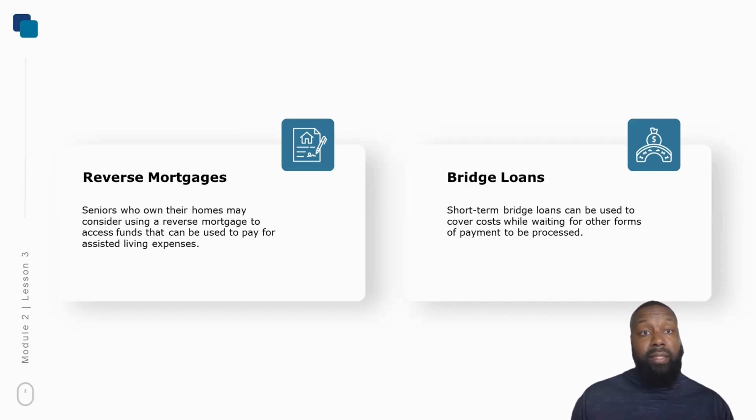So banks and mortgage lenders that service reverse mortgages should be one of your contacts in your Rolodex, to have partnership agreements with your facility, because you can get paid for a referral even if the person doesn't use your assisted living facility. Say they like another facility that's closer to their son's house, and you refer them to the company to do a reverse mortgage, that mortgage company will still give you a referral fee.